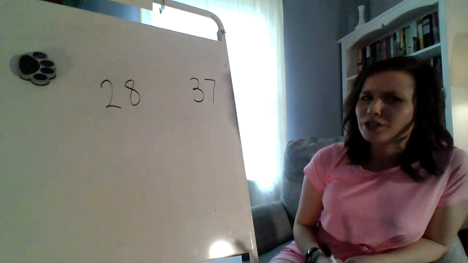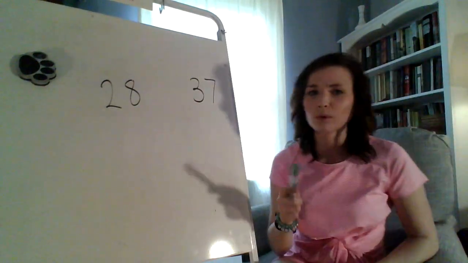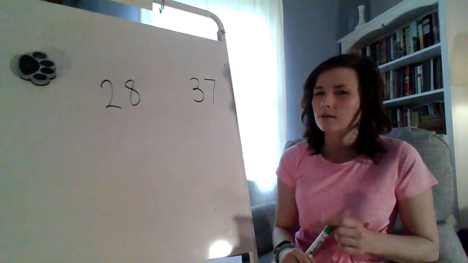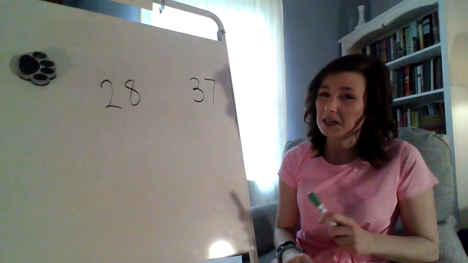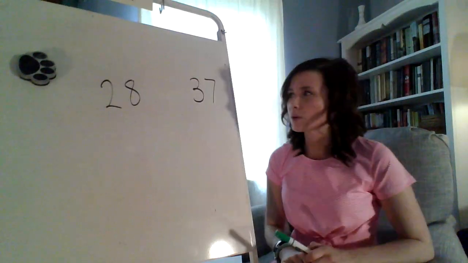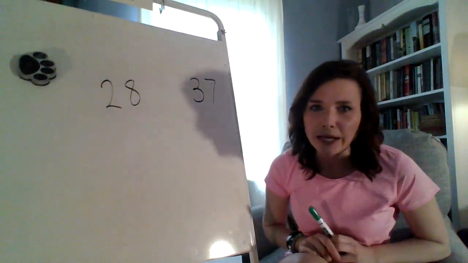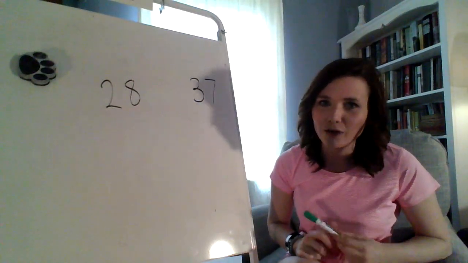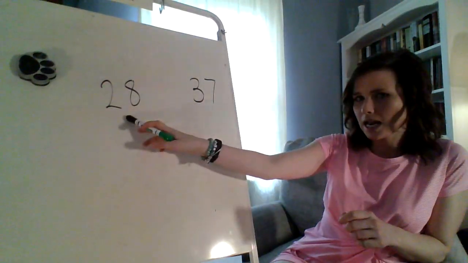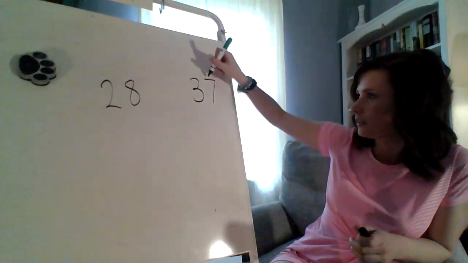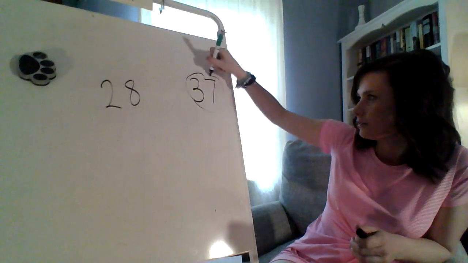Which number do you think Chompy would want to eat? Remember, he always wants to eat that greater number. On your board, why don't you circle the greater number? Is it 28? Is it 37? Let's circle it. 37.